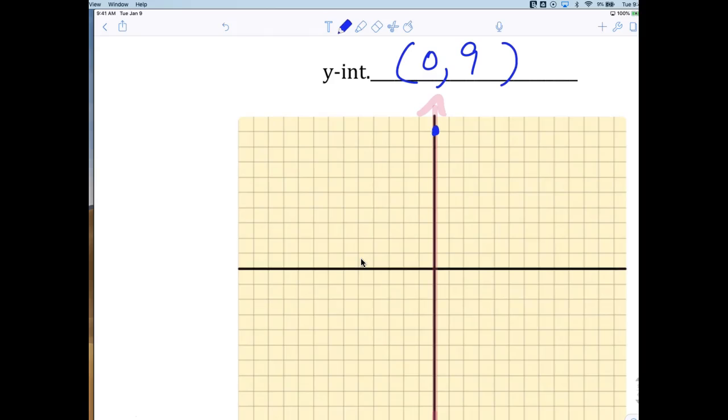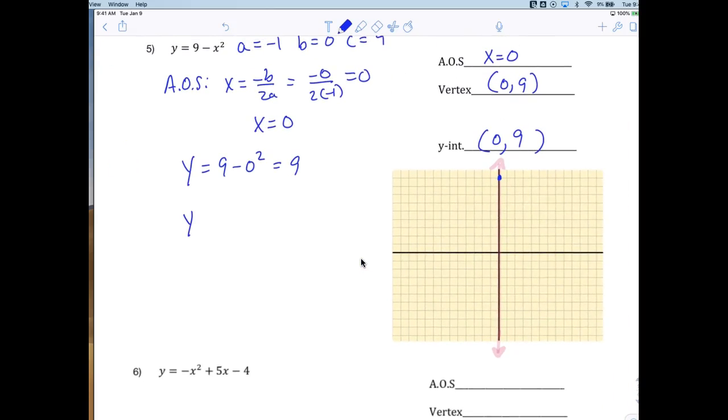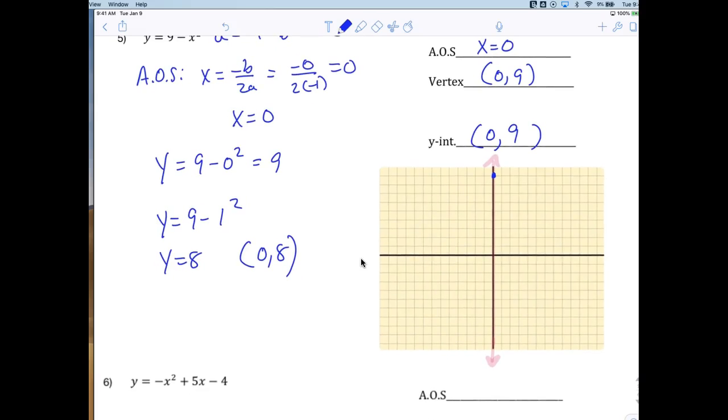So now all you have to do is plug 1 in. What's 9 minus 1 squared? 8. So another point that's on the graph is 1, comma 8.